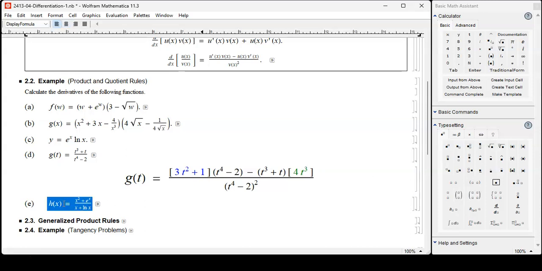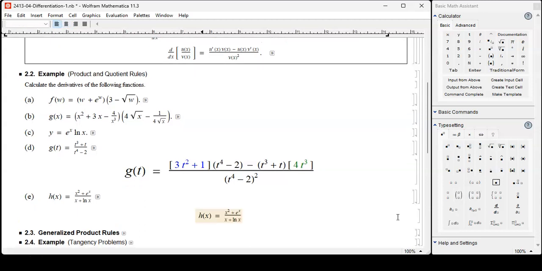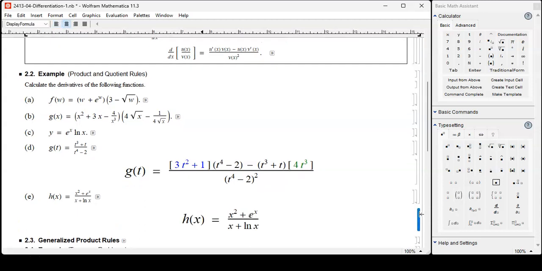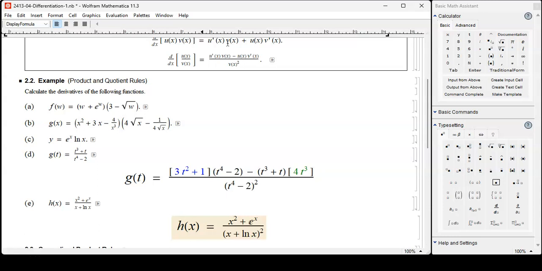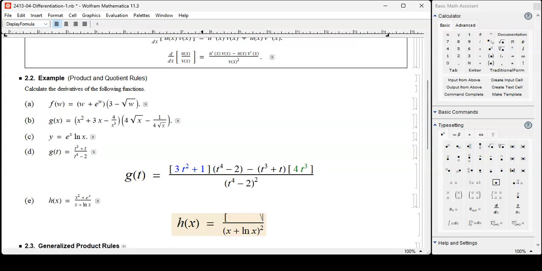Let's do it one more time. We need denominator squared. That's so conspicuous that barely anybody misses it. The numerator, well, u prime v minus u v prime.